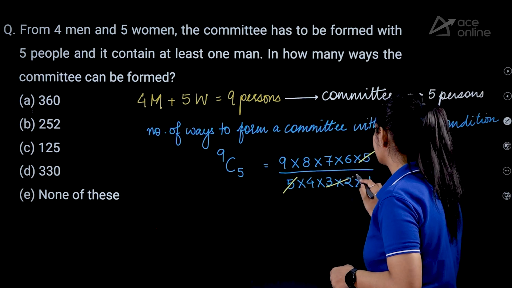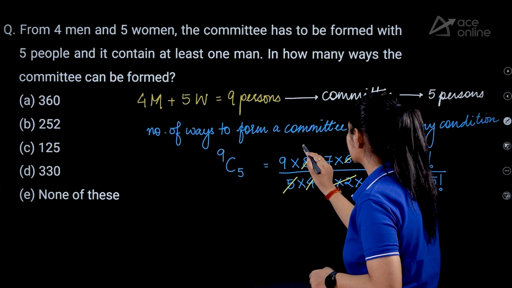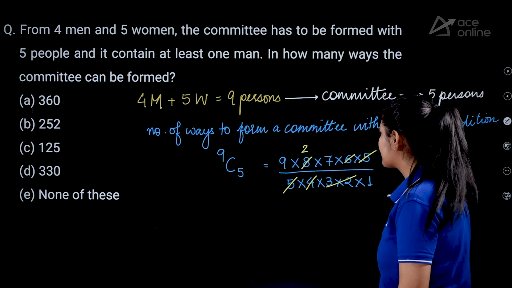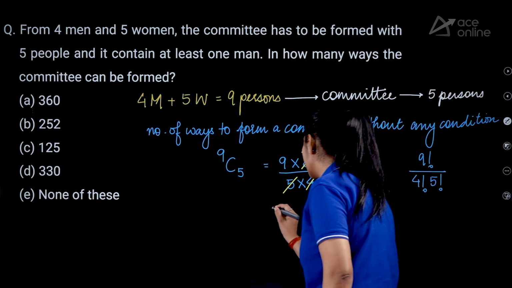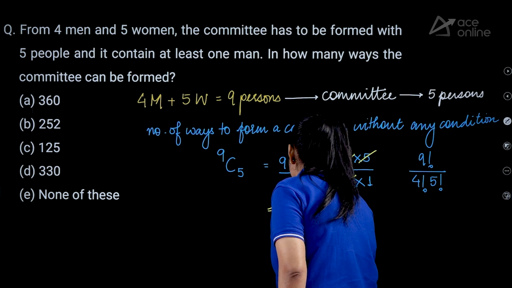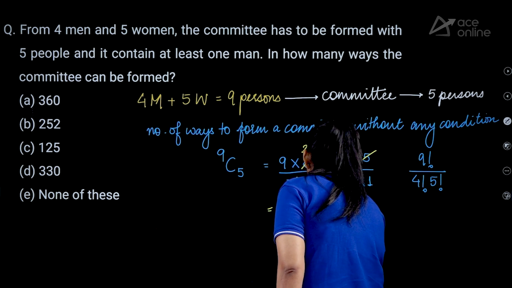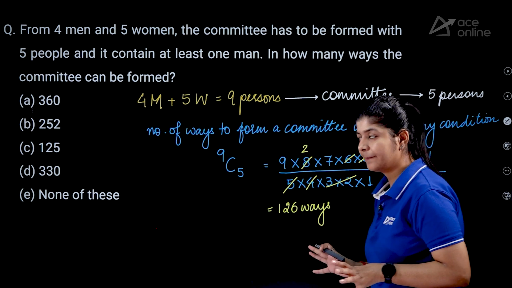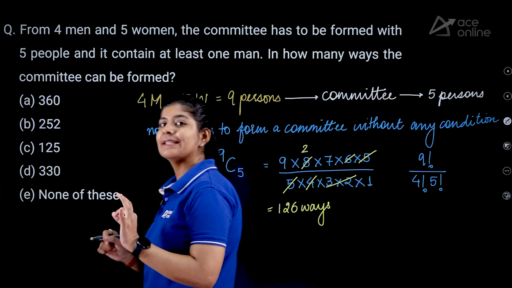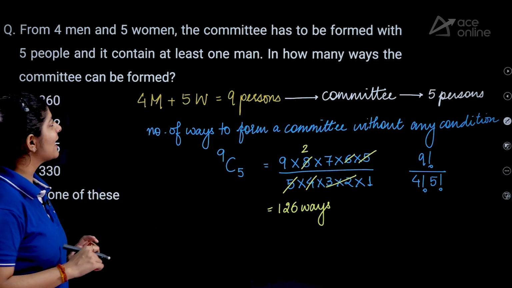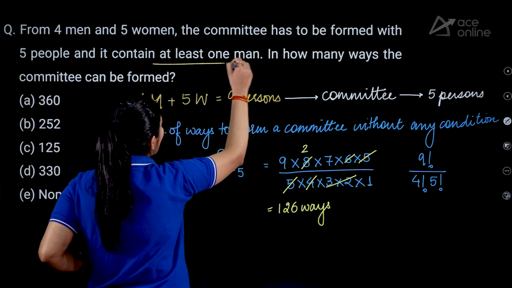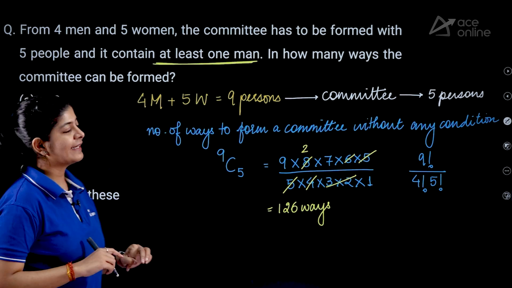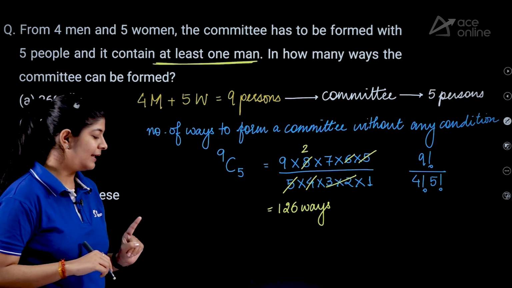We get 9 into 7, that is 63, 63 into 2, that is 126 ways. So in 126 ways, I can create a committee if there is no condition. But my question says that there is a condition. That condition says that I need at least 1 man in the committee.